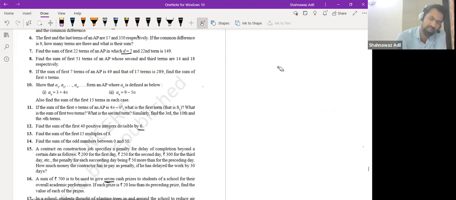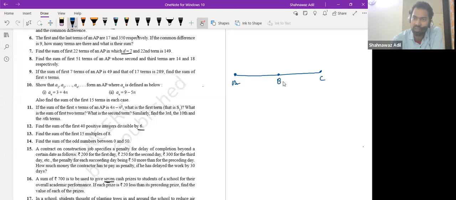Yeah, because what is the idea of collinearity? Let's say you have these 3 points, and they are collinear, which means they are making a straight line. So if you measure from A to B and then B to C, then you will get A to C. So from collinearity, if we add AB plus BC, we will get AC.